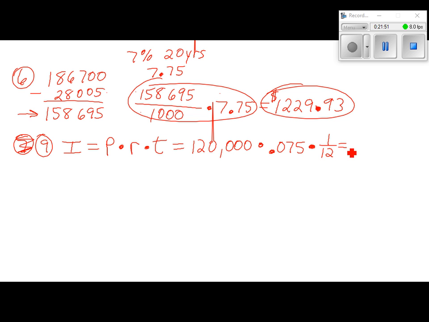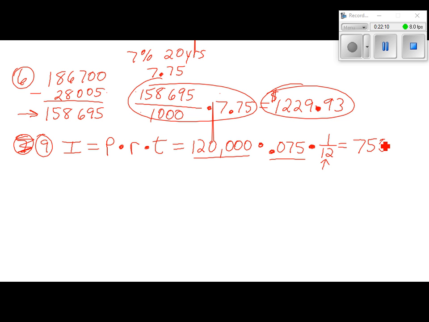When you punch this into your calculator, punch in 120,000 times this number, hit equals, and then just hit divided by 12, and that's going to tell you how much of that first payment went to interest. And when I punched all that in my calculator, I come up with $750.